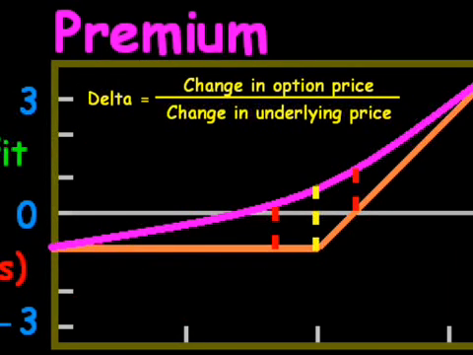Now, what I have here is delta. Delta measures the change in the option price divided by the change in the underlying price. So, when somebody's discussing the delta of an option, they're basically discussing how much that option price changes with respect to a security price move.